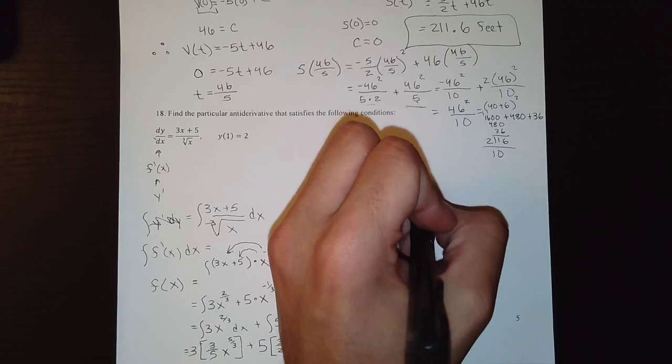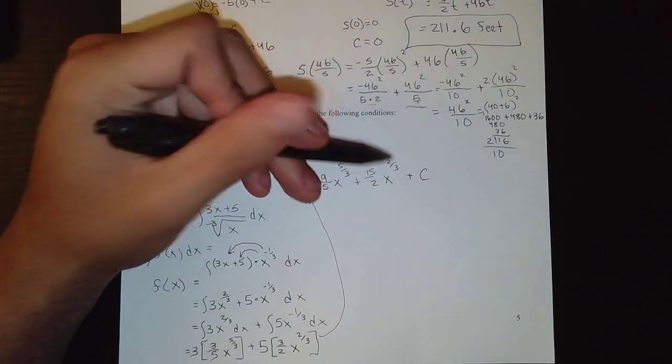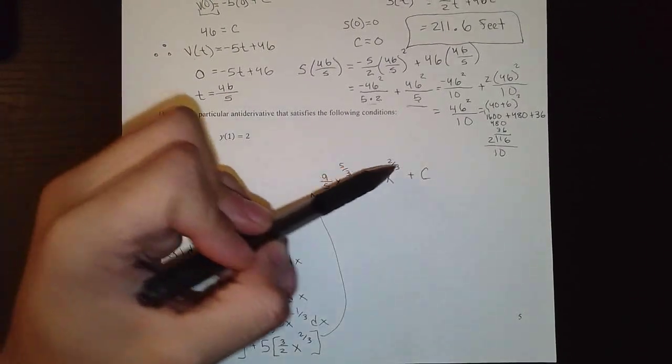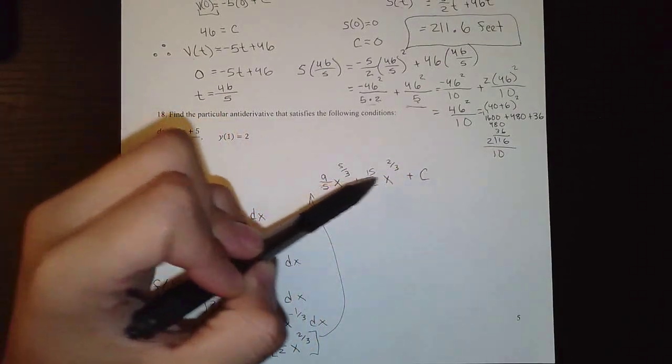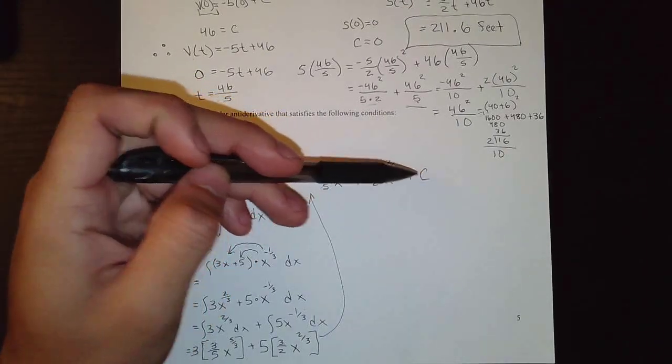And we also have to add an arbitrary constant because we just created a family of curves. When we take the derivative of this, we'll always get the same derivative. So there's a full family of solutions here.